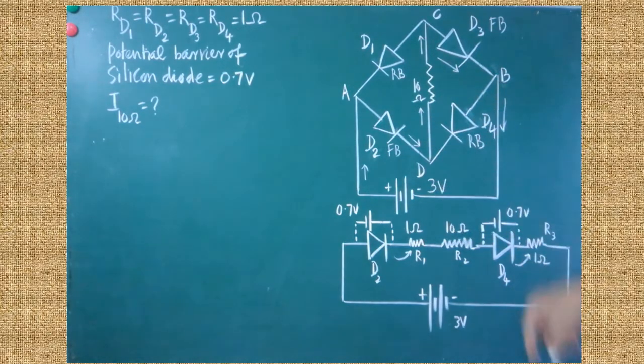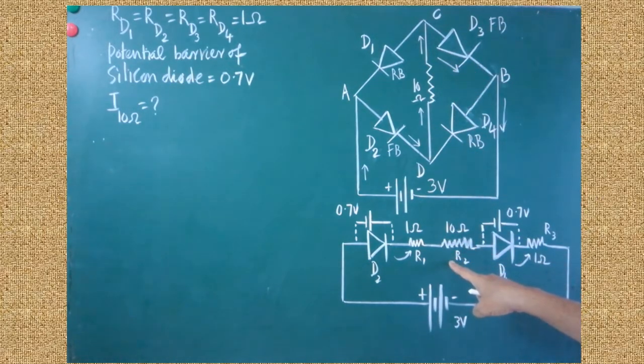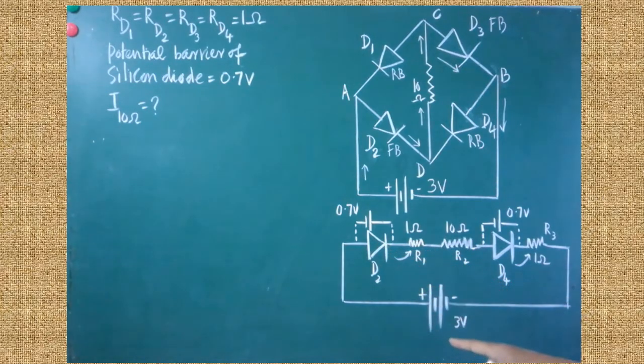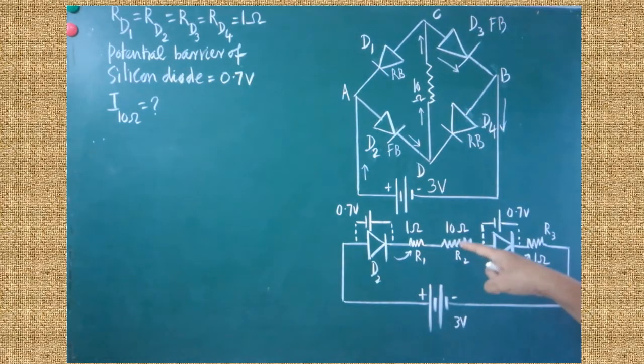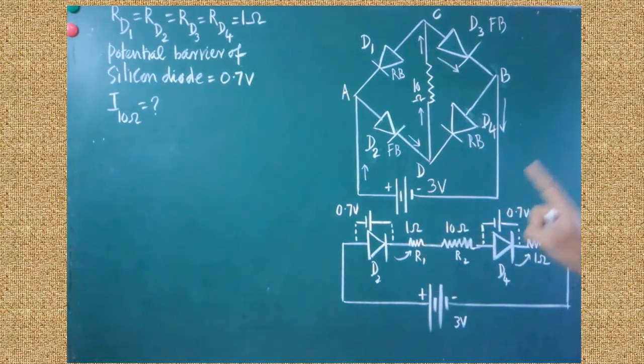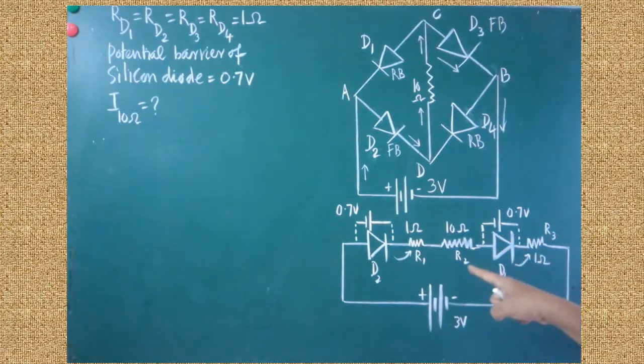So the circuit is completing like that. The equivalent circuit of the same thing is drawn here. In the problem, the potential barrier of the silicon diode is given and the resistance of the middle resistor is also given. Each diode carries 1 ohm resistance. So for the entire circuit, I have drawn the equivalent circuit. We have to draw the equivalent circuit, only then are we able to solve the problem.